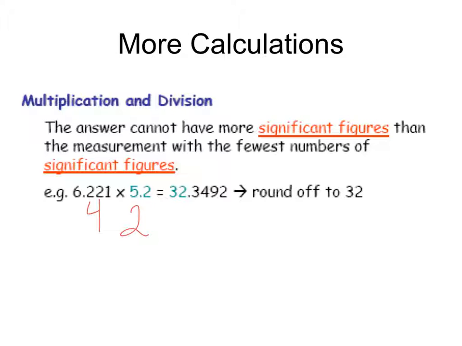Since you weren't using that kind of a tool, you were using a 5.2 kind of a measurement, you need to round your answer off so that it only has 2 sig figs. So your answer can only be 32. Again, this is going to seem kind of weird. It seems like you're rounding a lot, but you're doing it to make sure you're reflecting the tools that you use to get the data.